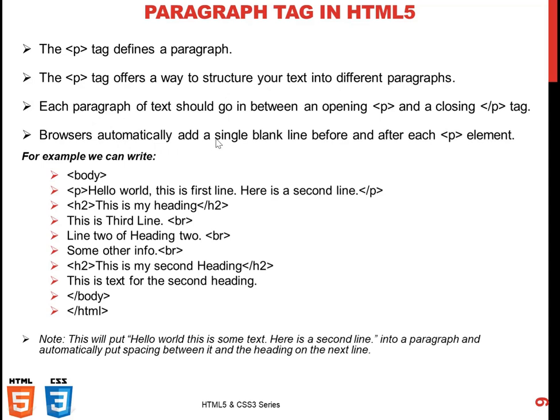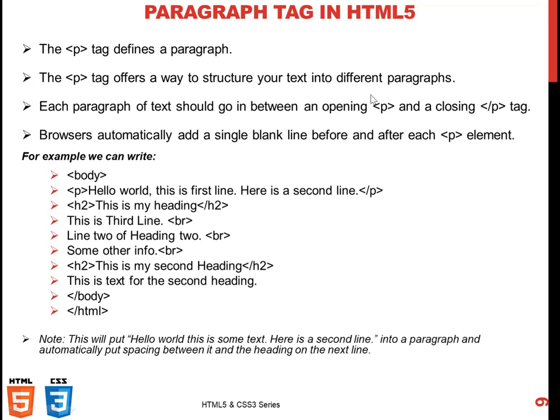Browsers automatically add a single blank line before and after each p element. This means whenever we are adding anything between these two tags, the browser automatically adds a blank space before and after.